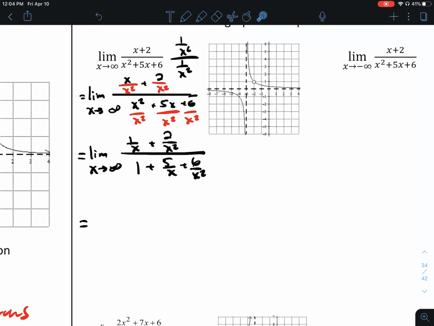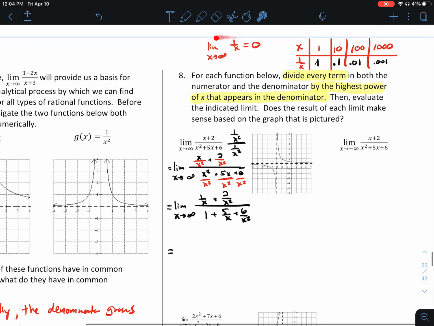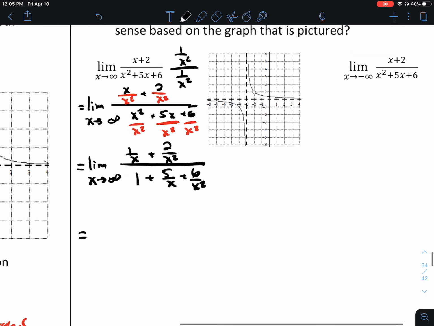Remember, when you evaluate a limit, you can evaluate each term separately. If you have a fraction, you can evaluate the top and bottom separately. So what's the limit of this function as x approaches infinity? What's 1 over x as x approaches infinity? We just said that's going to approach 0. What's 2 over x squared approach as x approaches infinity? As the number on the bottom gets bigger and bigger, this fraction is going to be closer and closer to 0.